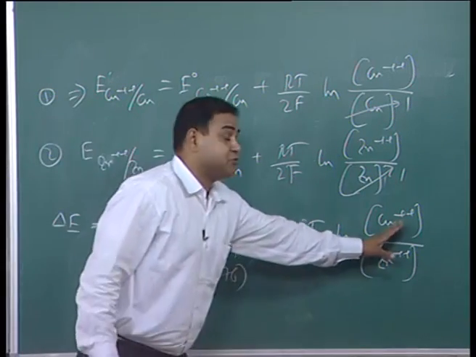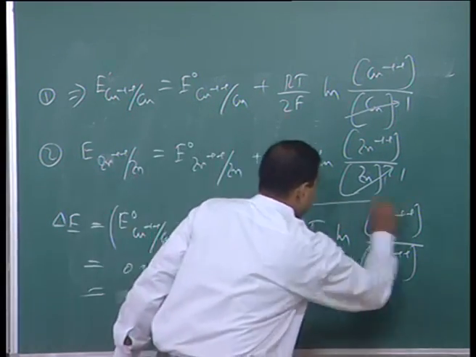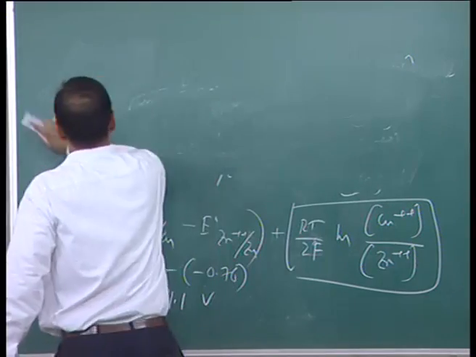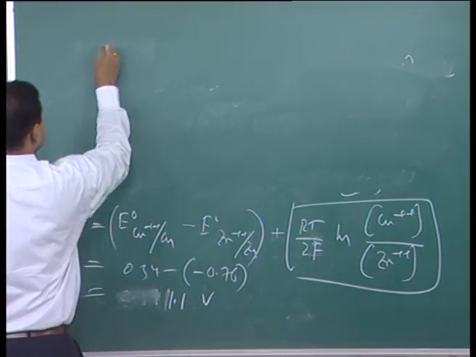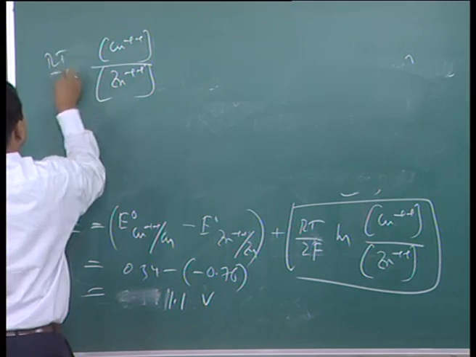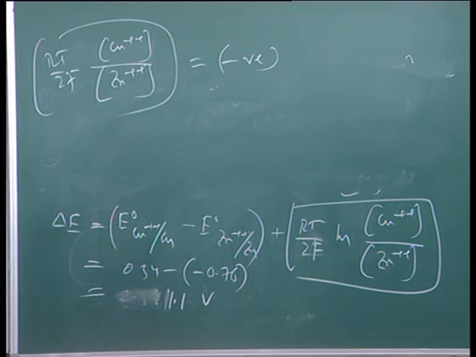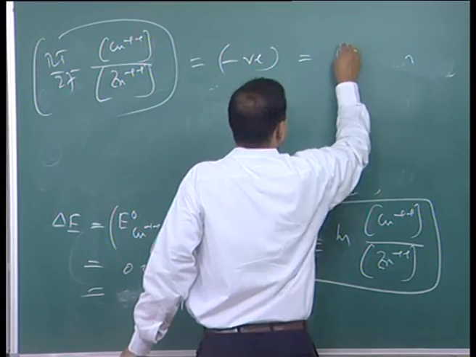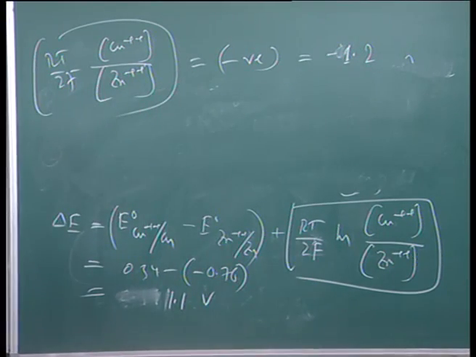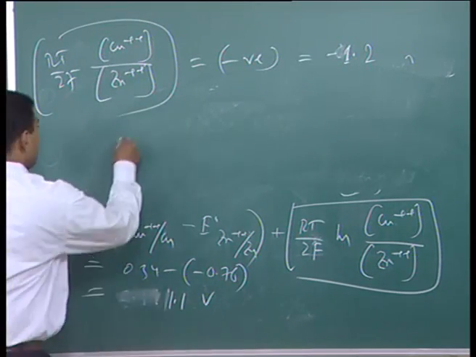Now, if these are not at unit activities, and if the RT/2F Ln term of Cu plus plus over zinc plus plus is negative, and let us say its value becomes minus 1.2, then depending on the concentration of Zn plus plus and copper plus plus, what would be my delta E cell?